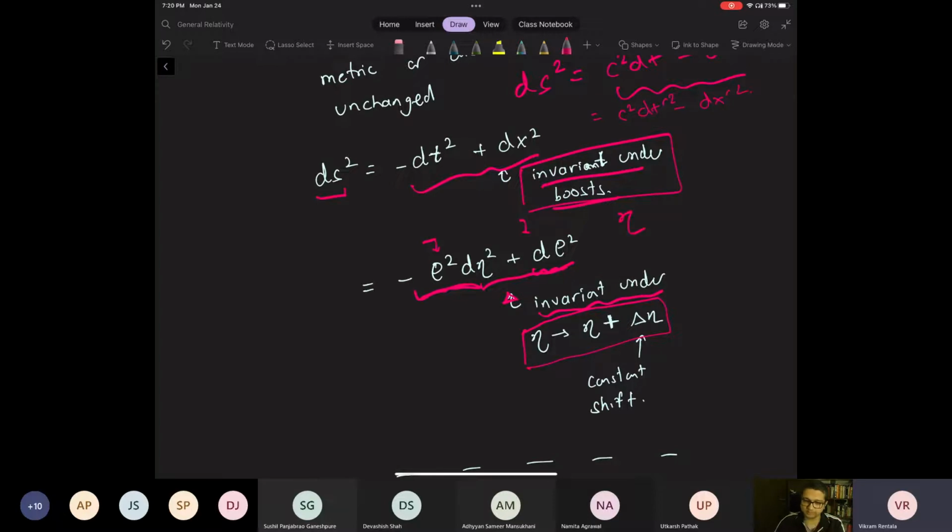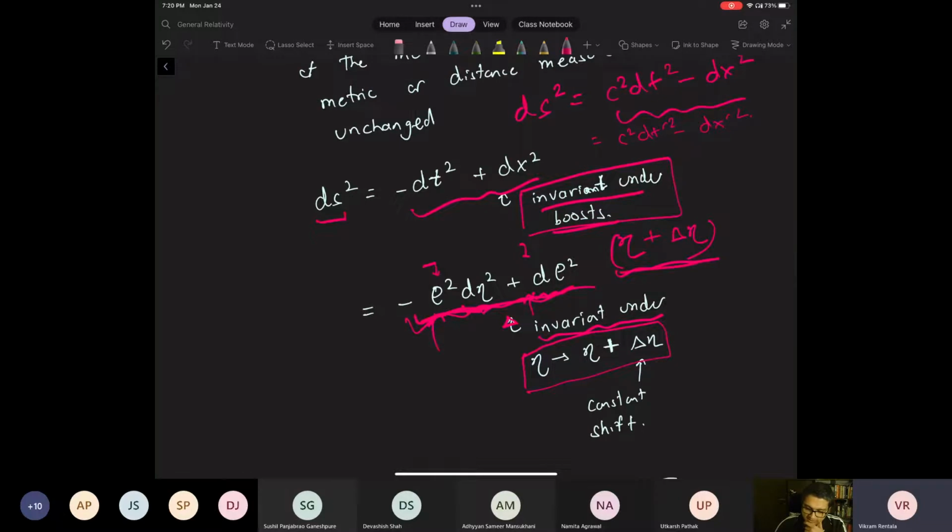If they depended on eta, then when I shift eta by delta eta, this quantity would no longer be invariant, whereas d eta is invariant under the shift; it doesn't change. So the fact that the coefficients are eta independent is consistent with the fact that these correspond to Rindler observers for whom translations in eta are the same thing as Lorentz boosts as seen by the inertial observers.